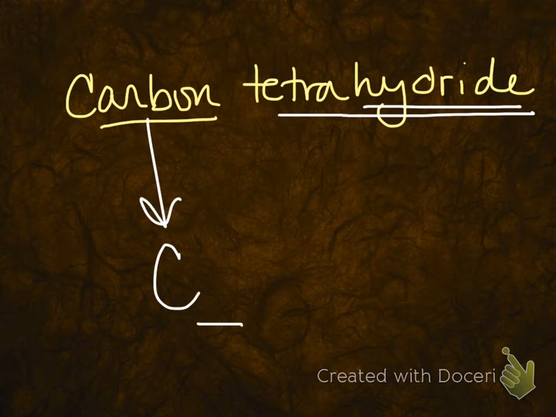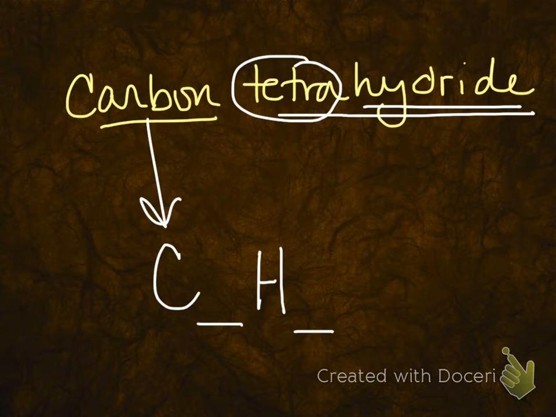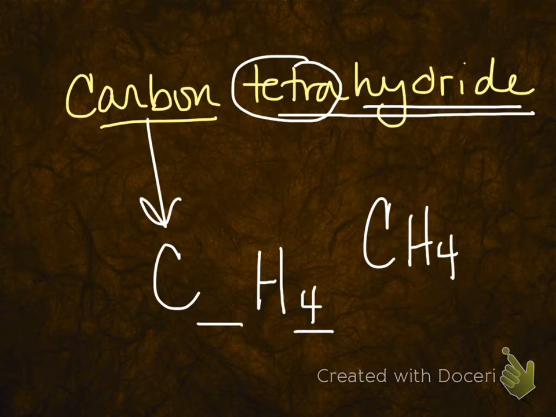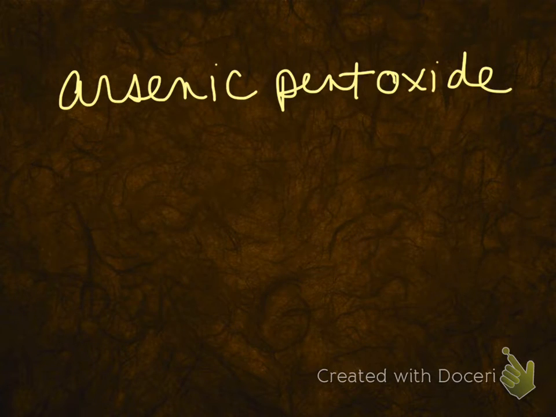So the hydride throws people off, but hydride is just hydrogen with the -gen replaced with -ide. So this is C something H. What's the subscript on the H? Well, again, tetra means 4. So our final formula for this is CH4. It's methane.